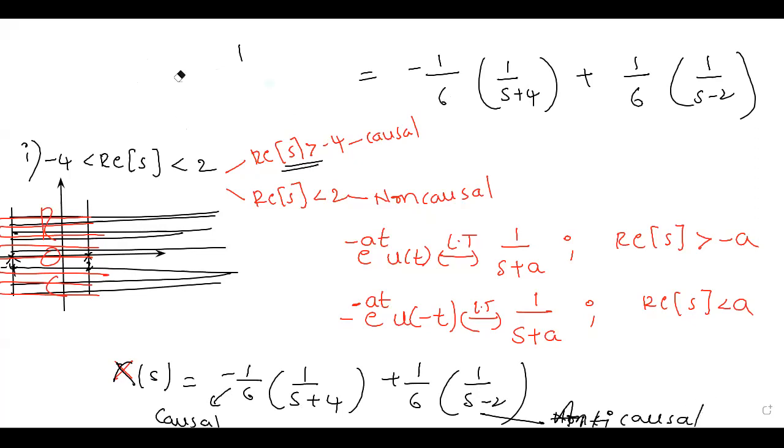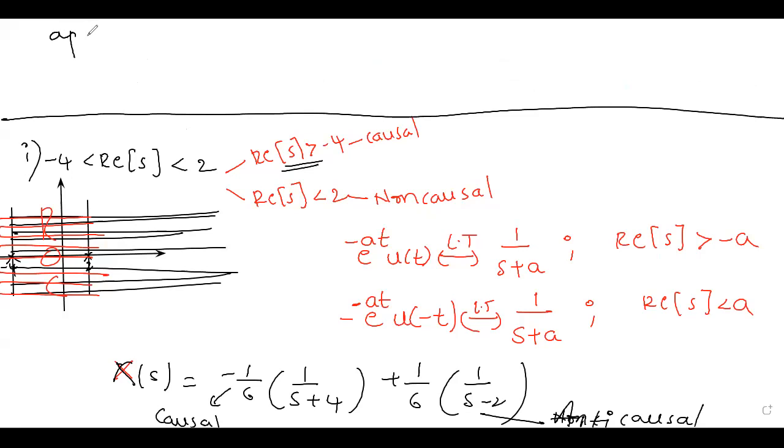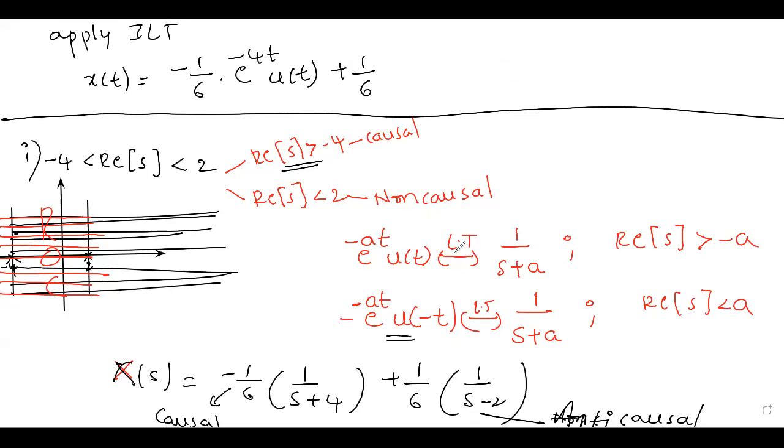So based on that, I am discussing only case 1. Continuation: apply ILT, the inverse Laplace transform. X of s inverse Laplace transform is x of t, e power minus at into u of t. Now see here, plus 1 by 6. Anti-causal signal means this I have to select. But what is there in place of a here? Minus 2 is there.